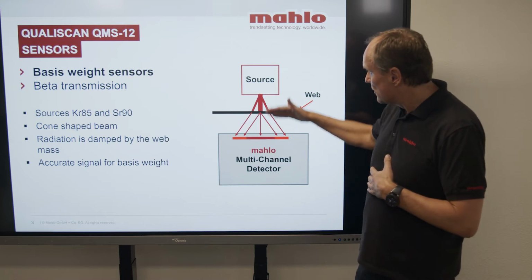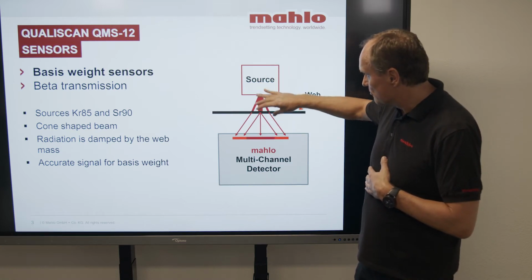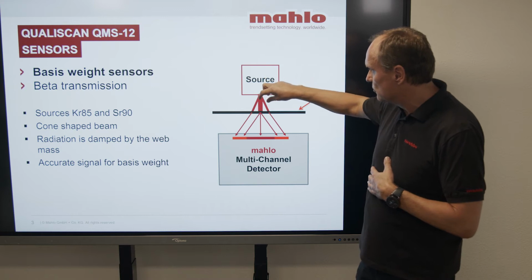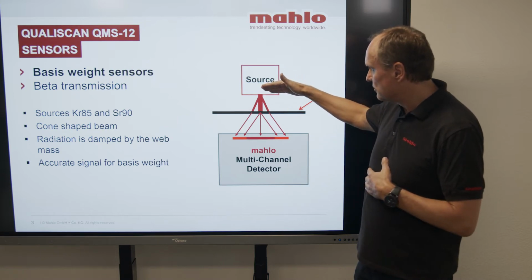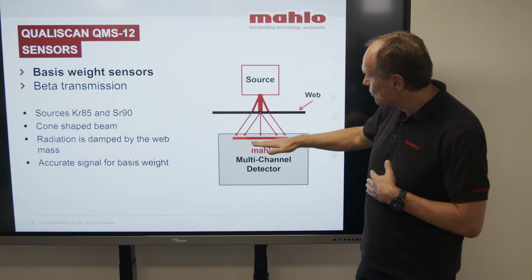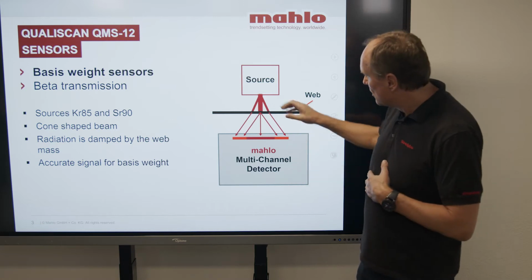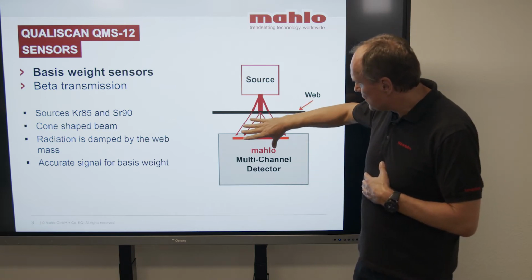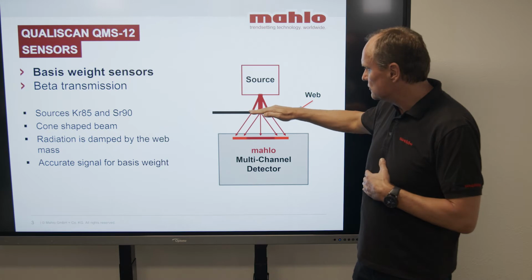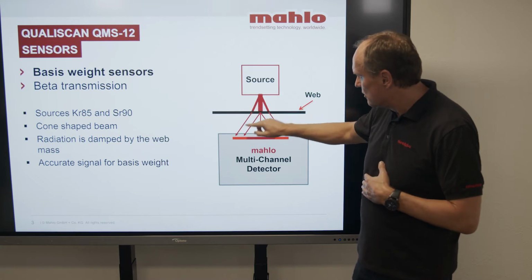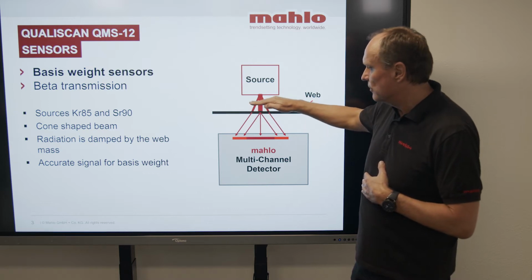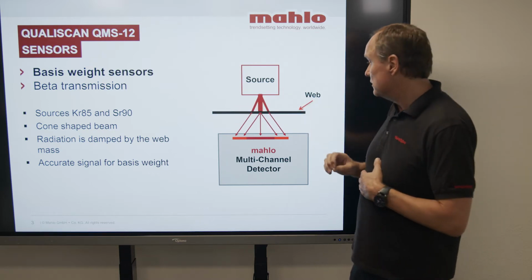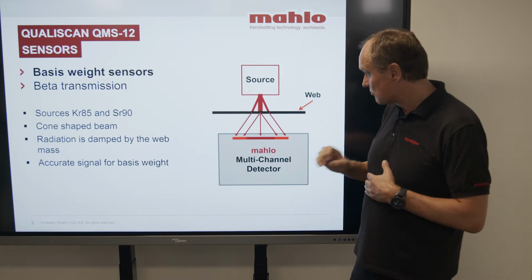If you look at the measuring beam, we can notice that the beam comes out in a cone shape from the emitter, where we have the source, to the receiver. This cone-shaped beam leads to the fact that the radiation is scattering according to the position where the web is in the measuring gap.